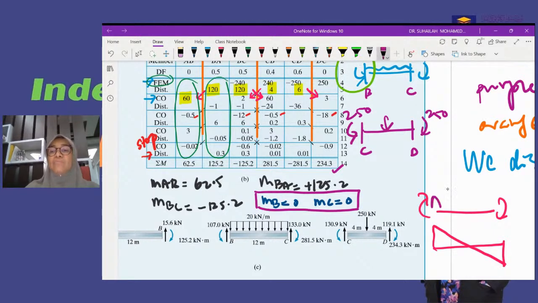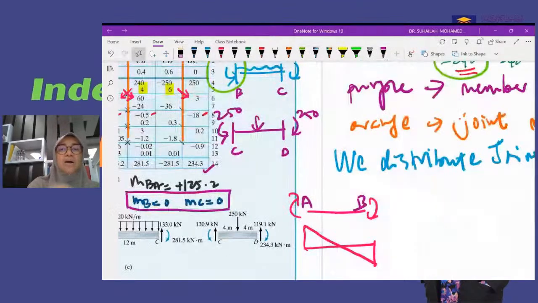We get the sign from the end moment value. And then for member BC, it is negative and positive.